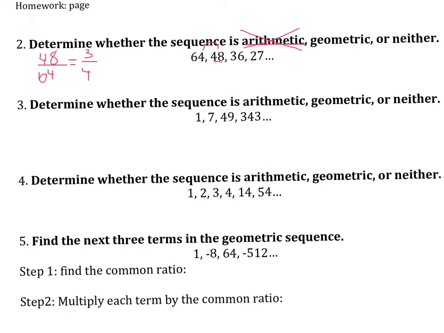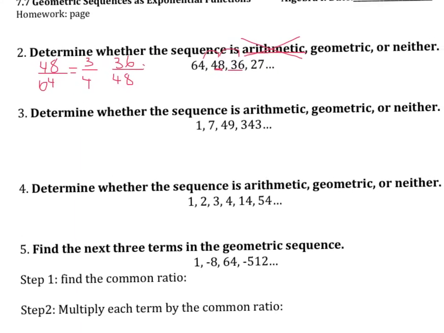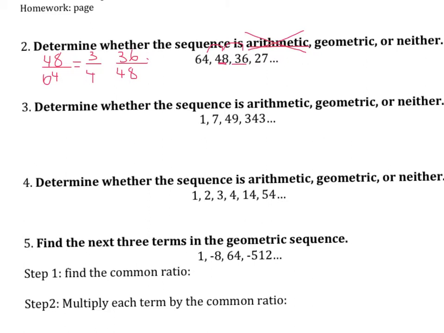What is the ratio from the second term to the third term? Well, if we take the third term and put it on top of the second term, we get 36 over 48. We can divide each of those by 12, and we can reduce that to 3/4 again.